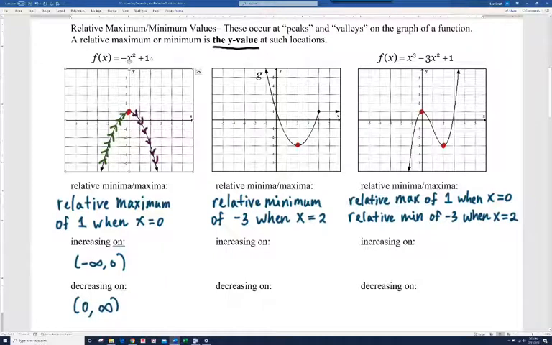And so these are intervals of x values. One of the things I want you to notice is at 0, we use an open parenthesis. The reason why is we're not increasing or decreasing at that turning point. We're in the middle. And so we'll always use parentheses when we're describing where we're increasing, decreasing, or constant.